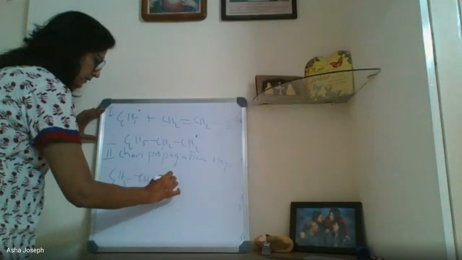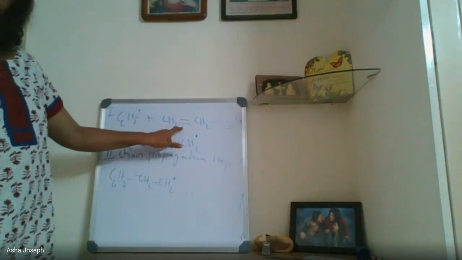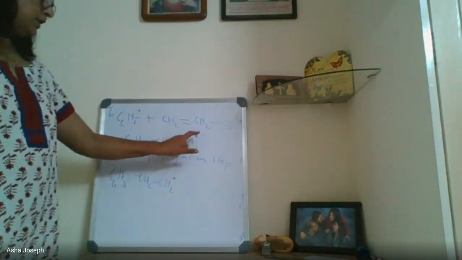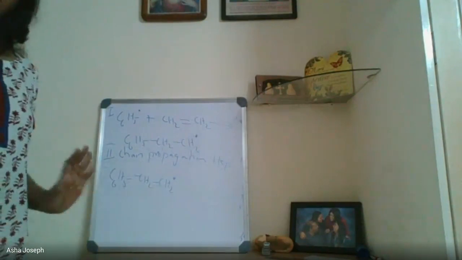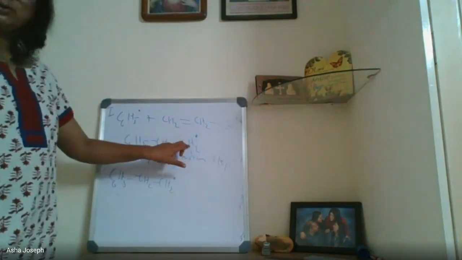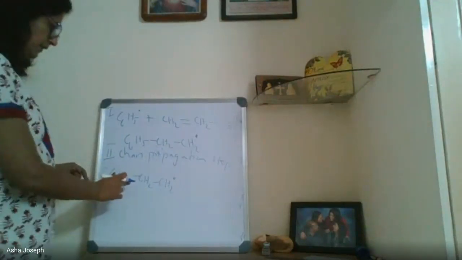In chain initiation, the phenyl free radical will react with the monomer, and so C6H5 CH2 CH2 free radical. So the chain is started. The phenyl free radical is added to the monomer and another free radical is formed. So the chain will start over here. Now the chain will propagate.